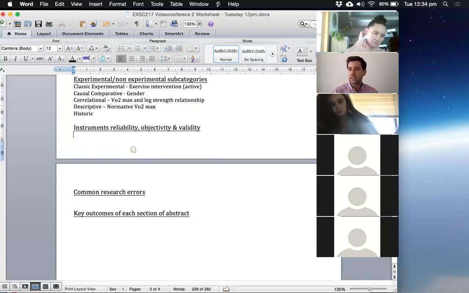So, if the VO2 max measurement is quite consistent between different testers, what is the consideration that's more likely to affect reliability, objectivity, or validity? Remember, objectivity is between different testers, reliability is the consistency from the same tester, and validity is how well that measure is representing what you mean it to represent.